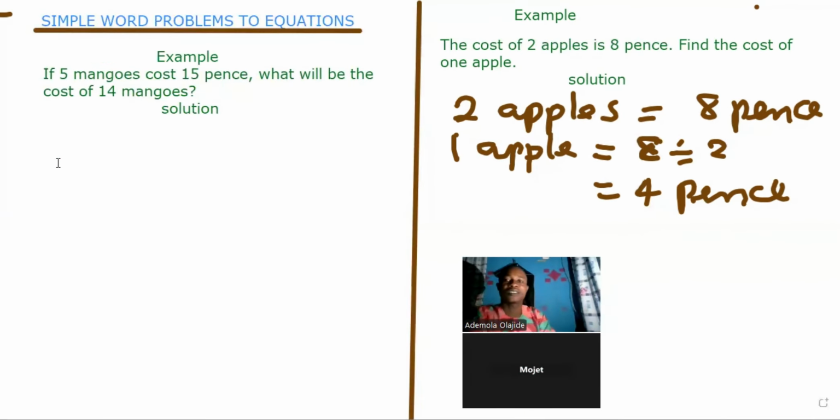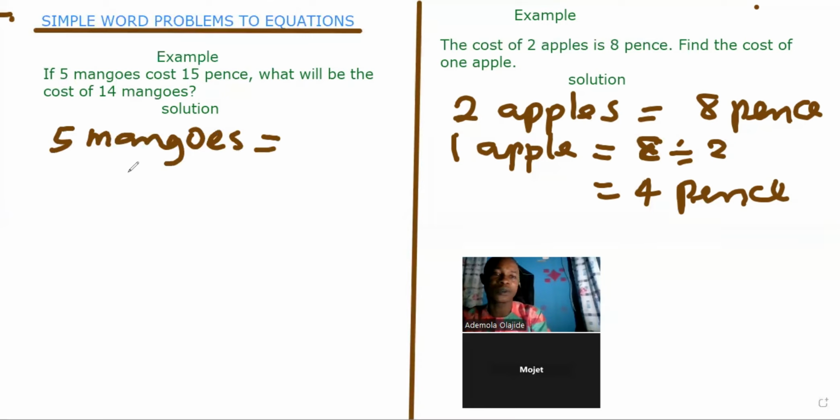Looking at it, we are given that if 5 mangoes cost 15 pence, what would be the cost of 14 mangoes? First of all, it is always good, are you set? Yes. Okay, look at it. They say 5 mangoes equals 15.